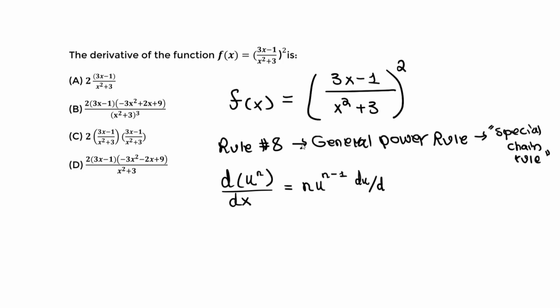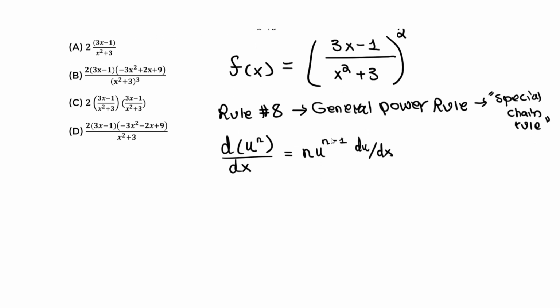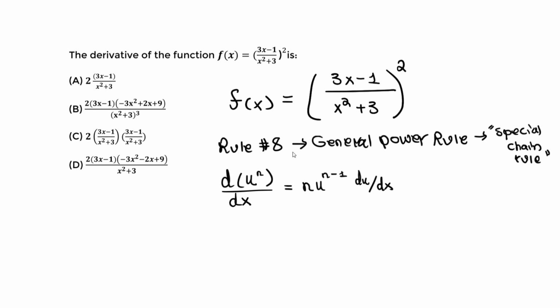We take the derivative of the function u with respect to x. If you look closely, this whole thing is the u, and n is the power, so this 2 is n. That's why we will use rule number 8.